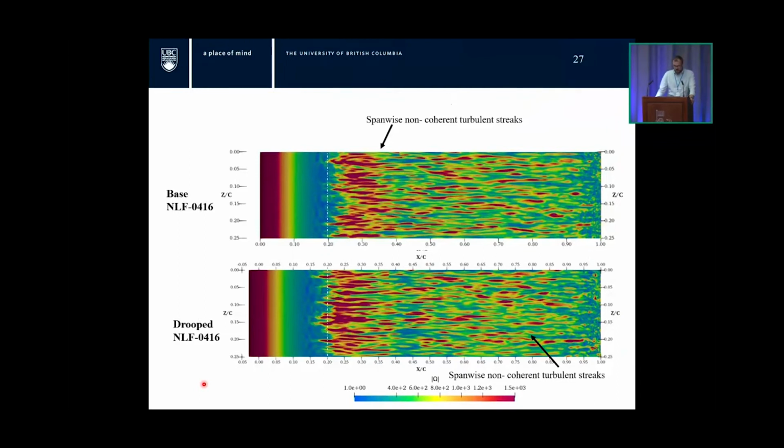The droop and the base case have very similar locations where the imprint of the turbulent vortical structures on the surface is evident, and the spanwise non-coherence is occurring. The other thing that we notice is the breakdown to small scales is delayed. We don't even see it on the NLF airfoil, whereas you could see it much more clearly on the S-series. Again, this shows how the NLF airfoil is really designed to be natural laminar flow. That's what the NLF stands for.